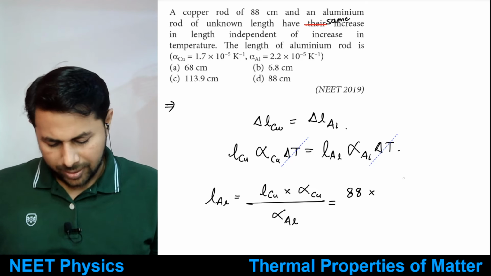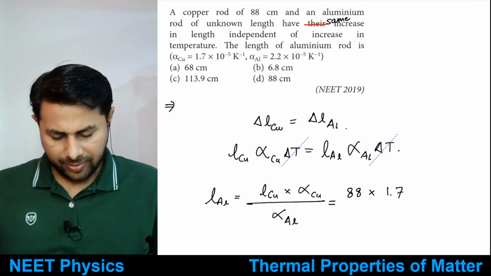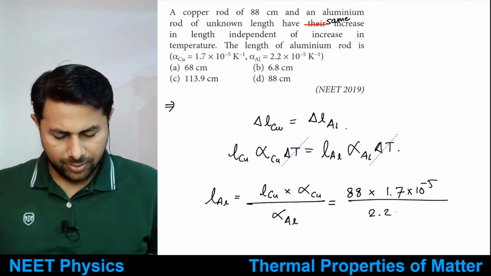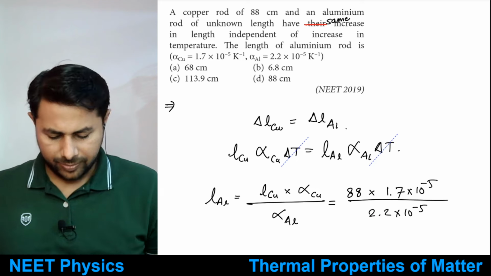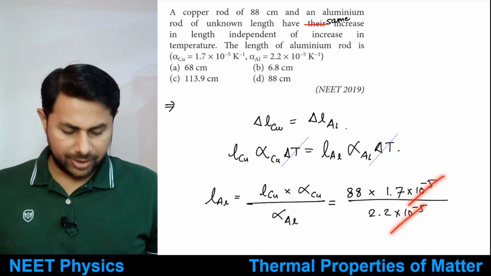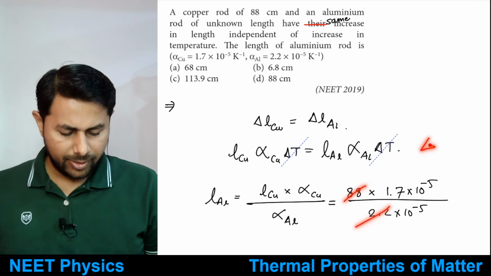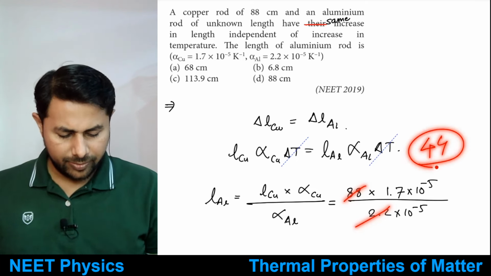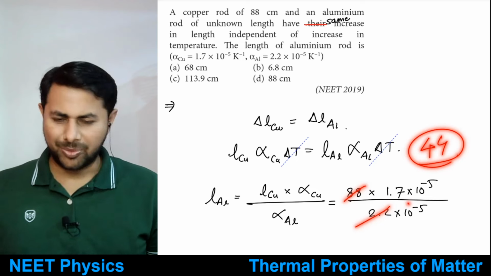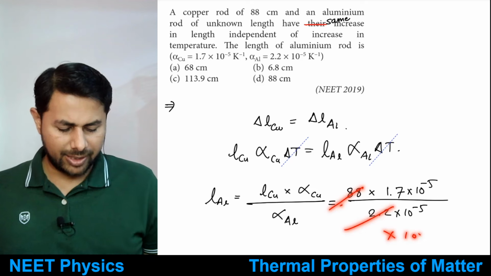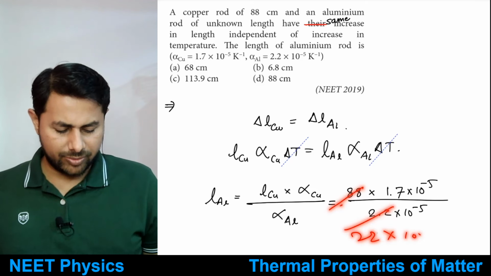Then alpha of copper is 1.7 multiplied by 10 raised to minus 5, and this is 2.2 multiplied by 10 raised to minus 5. So 10 raised to minus 5 gets cancelled out. 88 divided by 2.2 is what? 44? No, not 44, it's 40, right? If you multiply this by 10, this becomes 22.